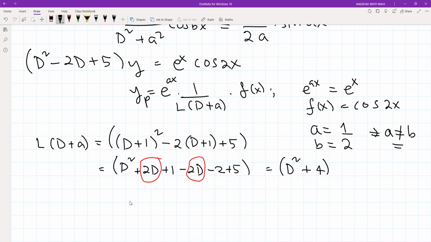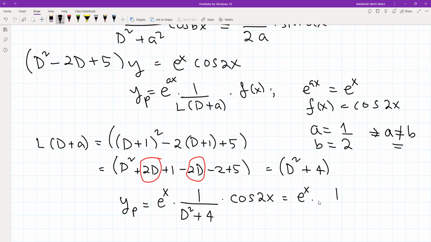So maksudnya apa? YP sama dengan e to the x darab dengan 1 per D kuasa 2 tambah 4 darab dengan cosine of 2x. So formula dia apa? E to the x darab dengan 1 per A sama dengan okay.